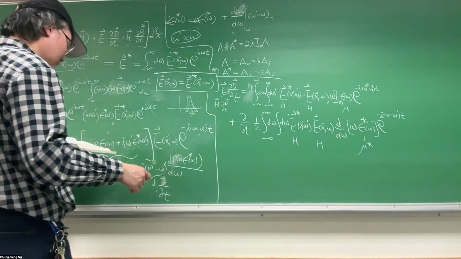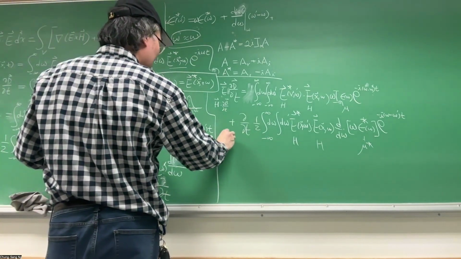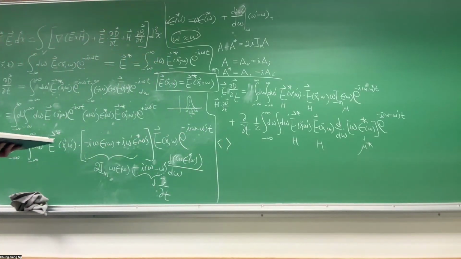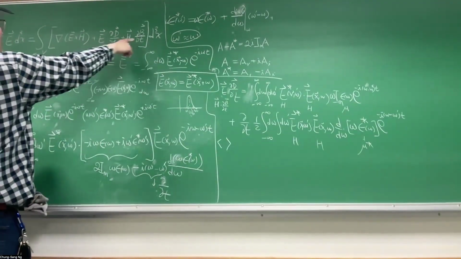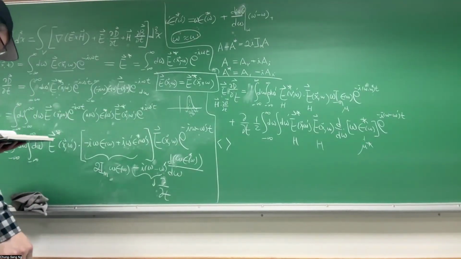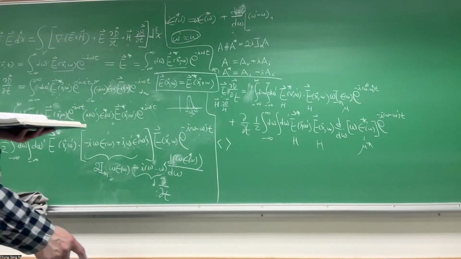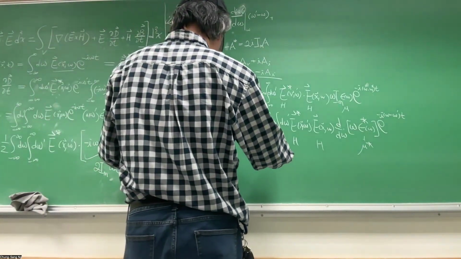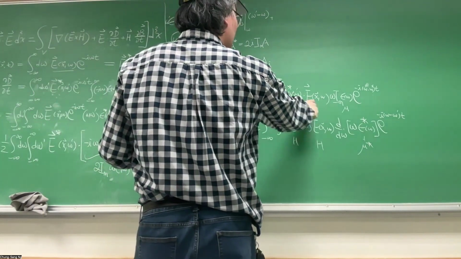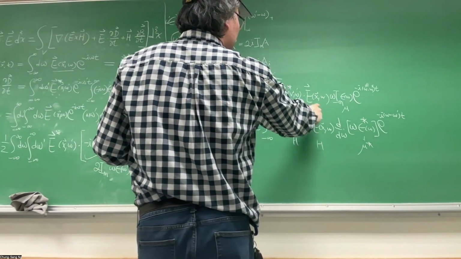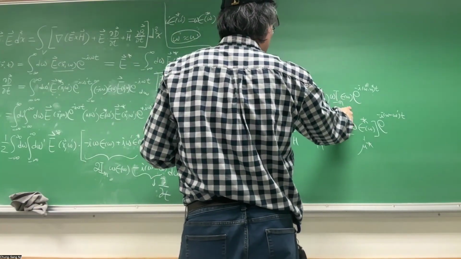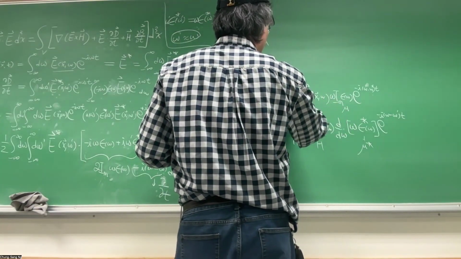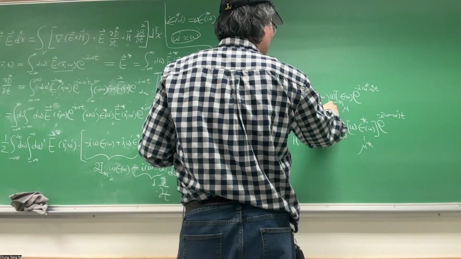So that is this square bracket operation. So basically, you want to do a square bracket over these two terms, and some of them will just give you a single frequency.